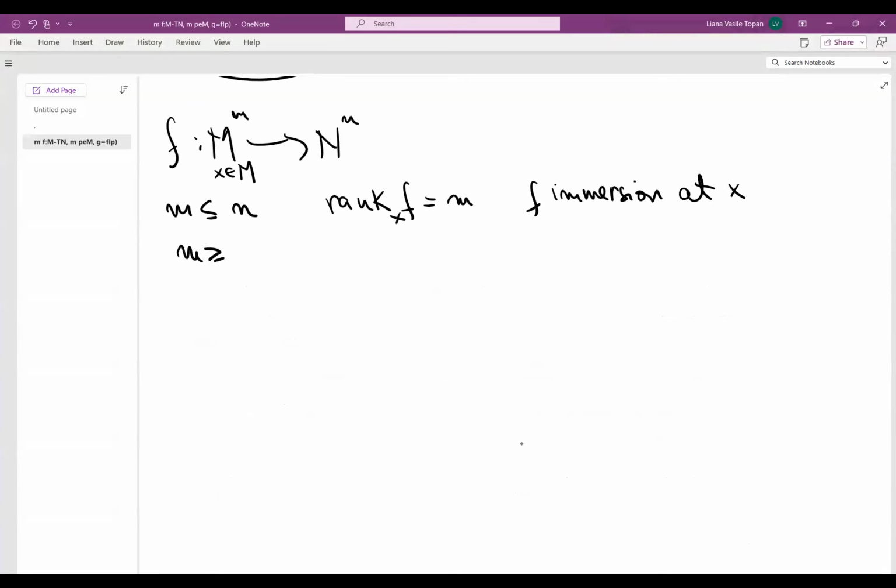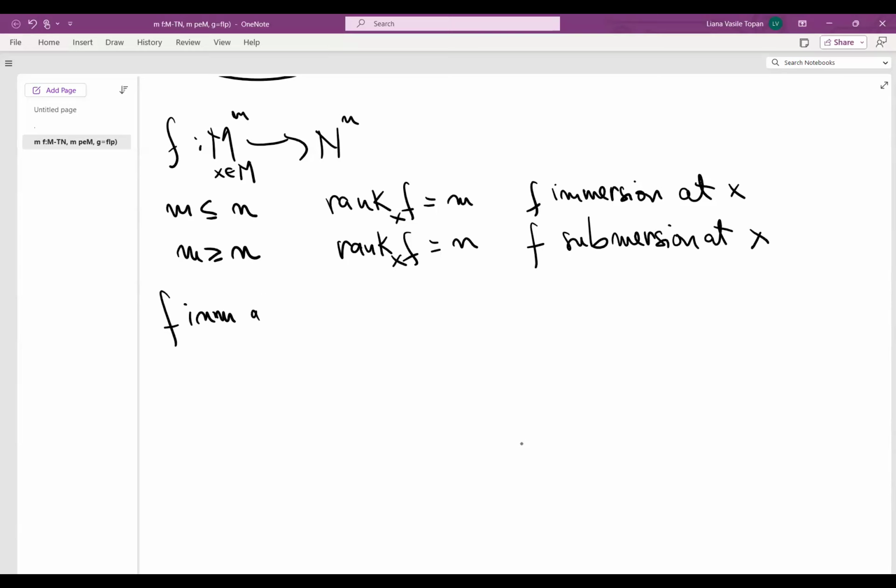And if m is greater than or equal to n, and the rank of F at x is n, then F is called a submersion at the point x.